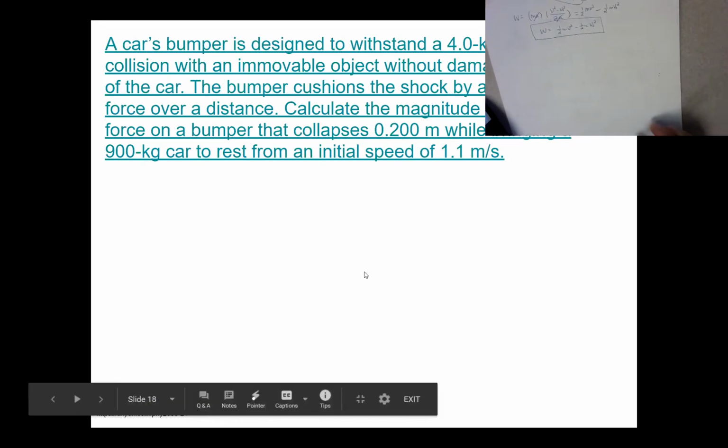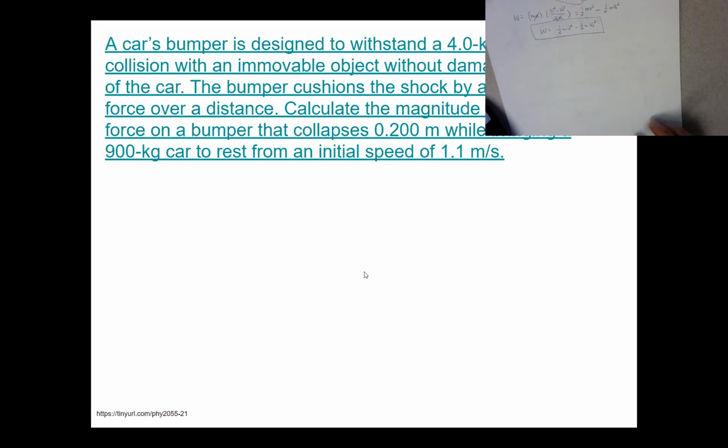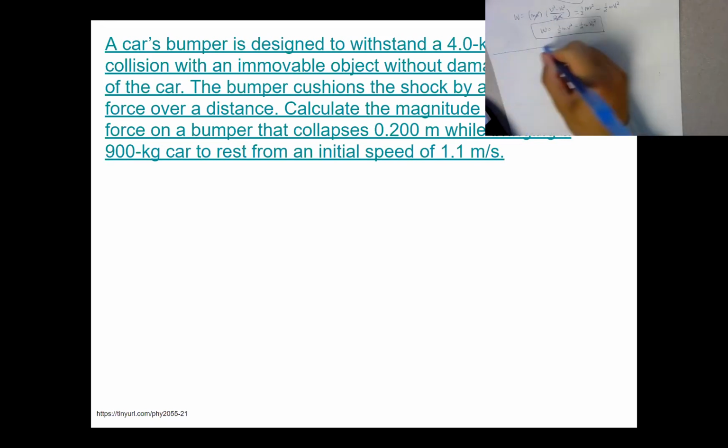On this one, you can imagine the collision happens when a car hits another car, assuming the 900 kilogram car hits another car that's stationary.